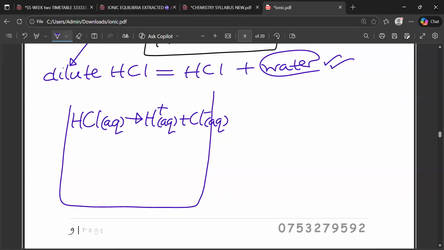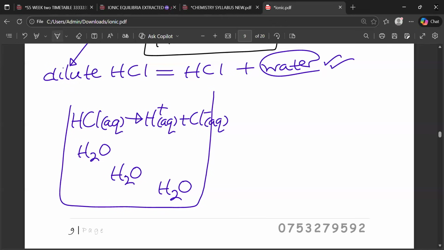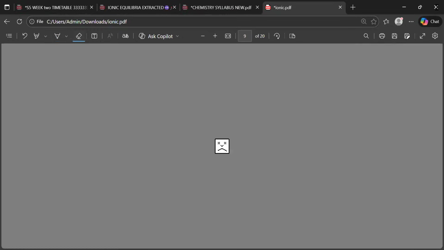But remember, within this very thing, we have water. I'm going to just draw a few, but there are so many. And you people are telling me that that's what they call a combination of dilute HCl. The HCl is there, yes, and it's ionizing as it's supposed to be. But then the water is also present. So this water can do something that we are going to look at.